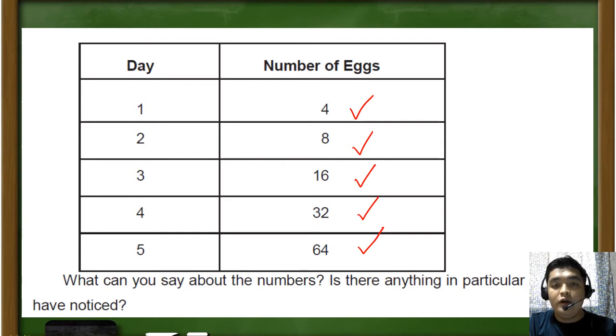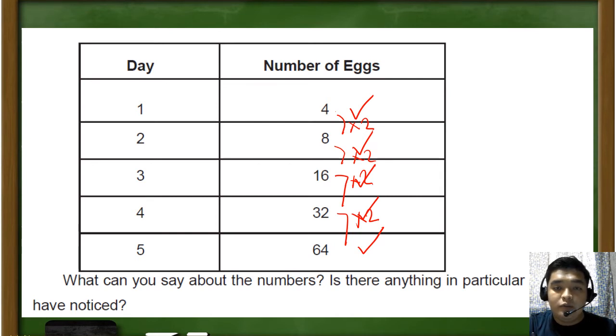From 4, you multiply by 2, it becomes 8. From 8, multiply by 2, it becomes 16. From 16, multiply by 2, it becomes 32. Then from 32 times 2, it becomes 64 eggs on day 5.